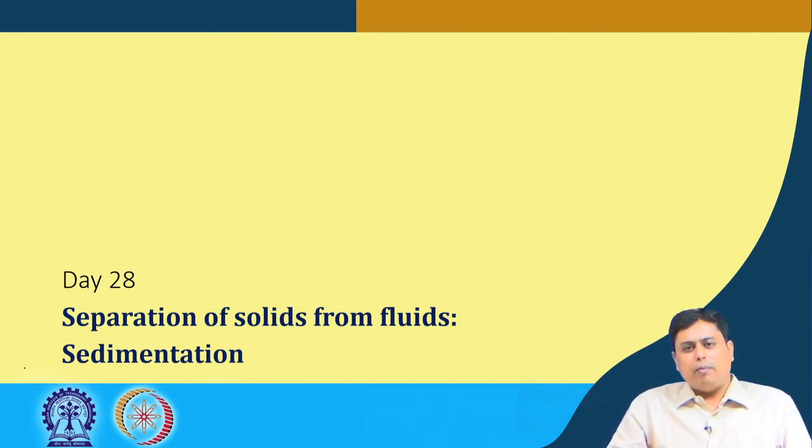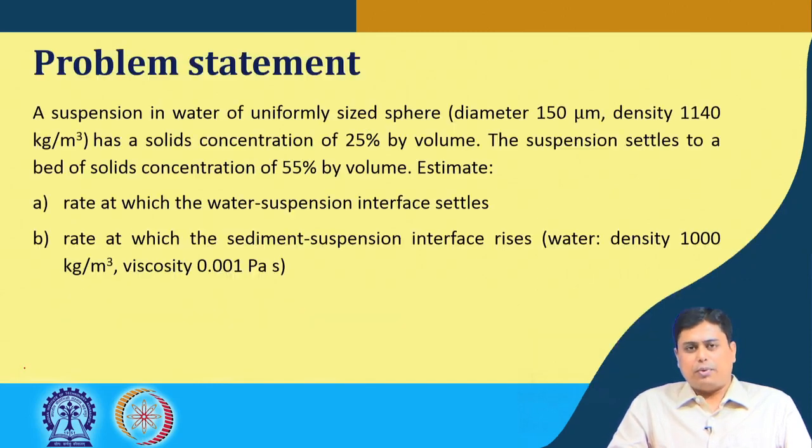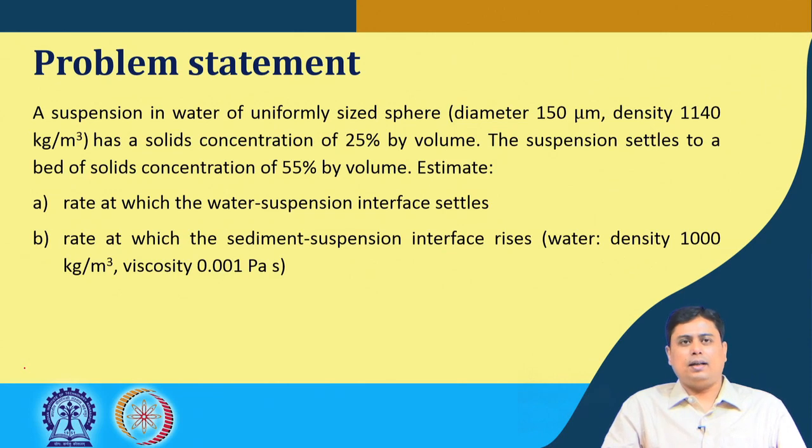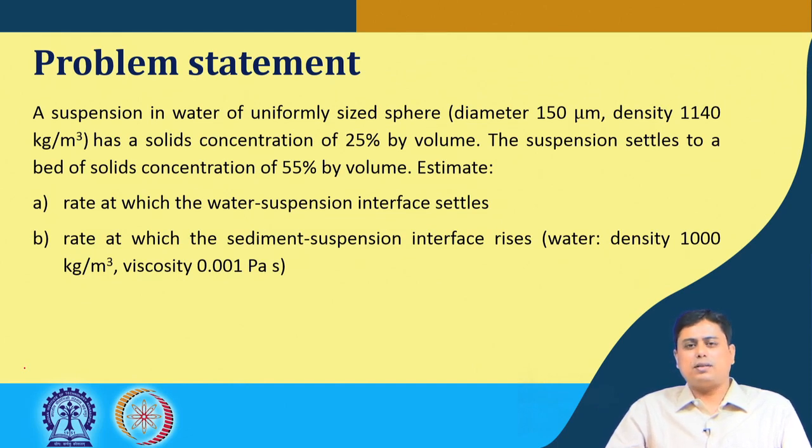So going back to the batch operation, here is a problem that says: a suspension in water of uniformly sized spheres that have a diameter of 150 micron, density 1140 kg per meter cube, and a solids concentration of 25% by volume.